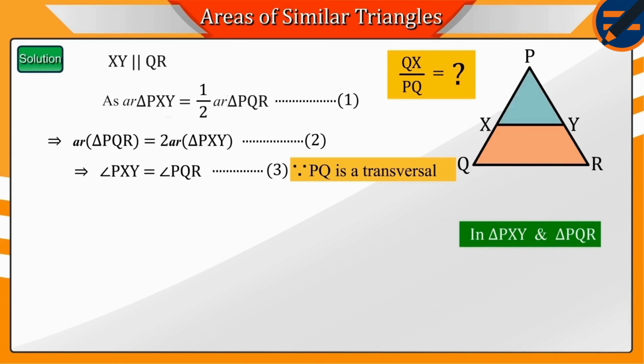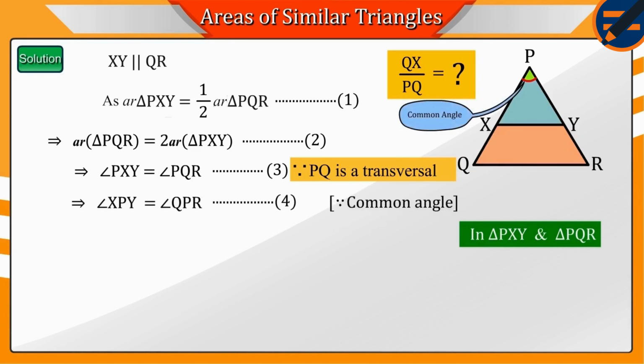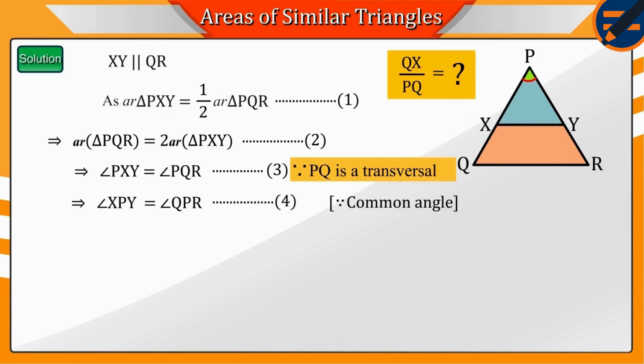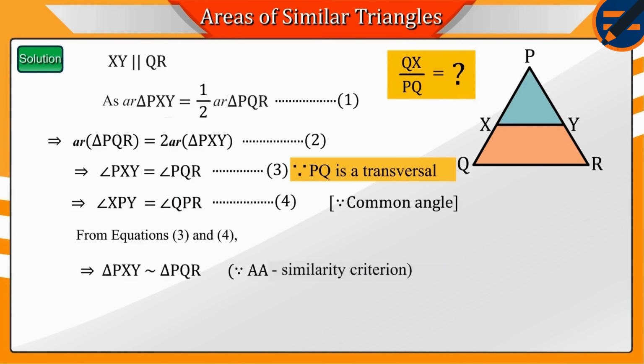In triangle PXY and triangle PQR, angle P is the common angle, so angle XPY will be equal to the angle QPR. So according to the AA criteria of similarity of triangles, we can say the triangle PXY and triangle PQR are similar triangles.